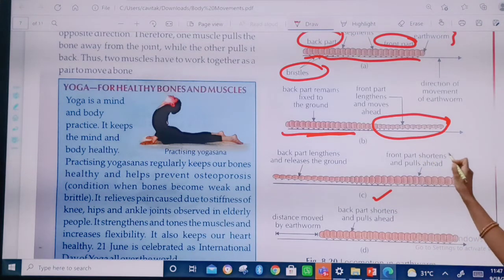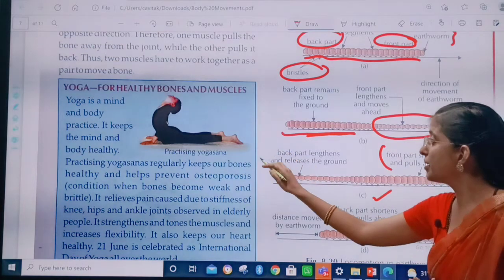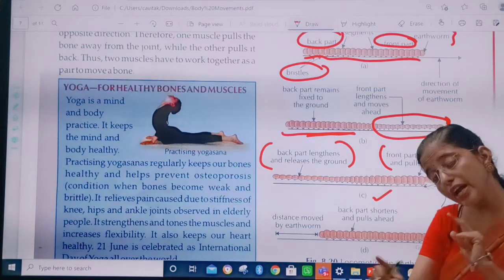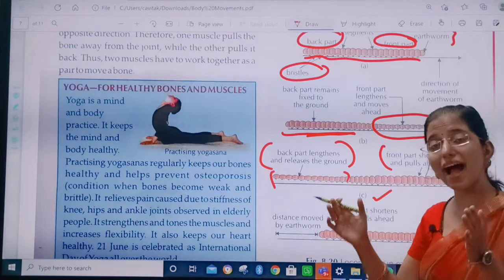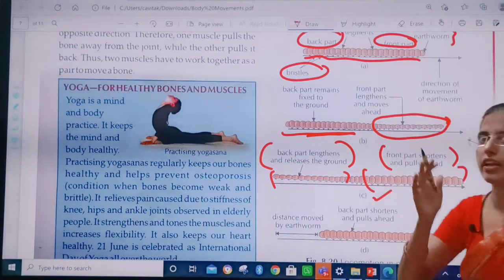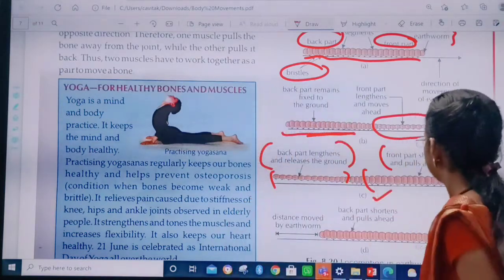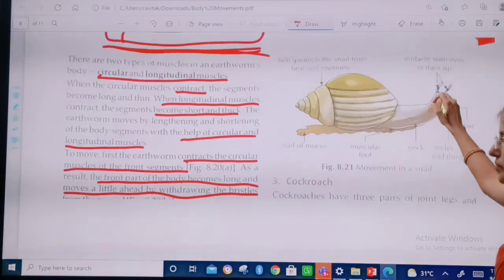The front part shortens and pulls ahead, and the back part lengthens and releases the ground. What is happening now? It's becoming the opposite. Now the part which is at the back is lengthening, and the front part is shortening. Now how is this taking place? Let's see, again we will study.